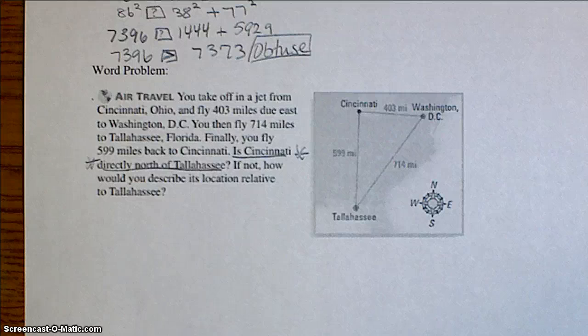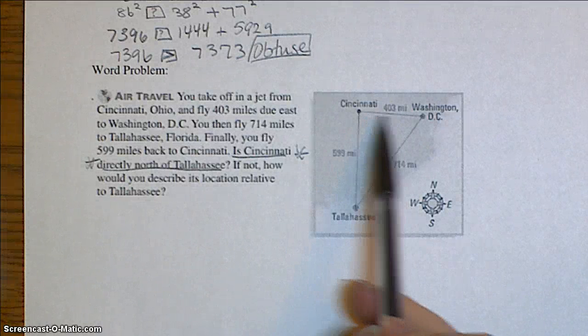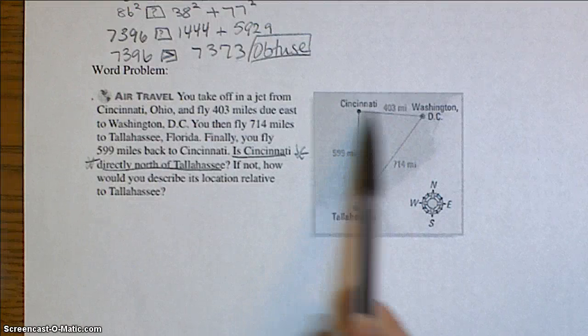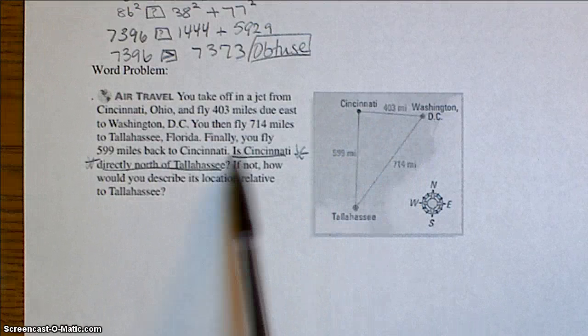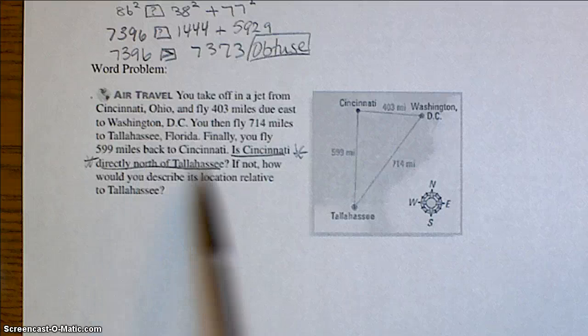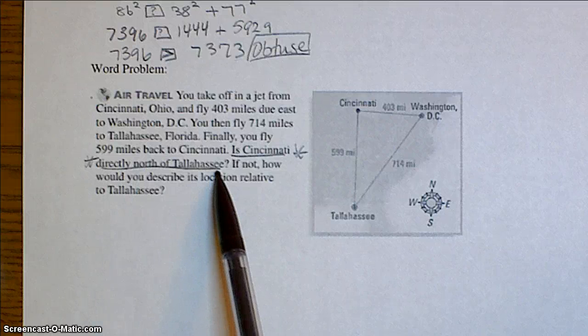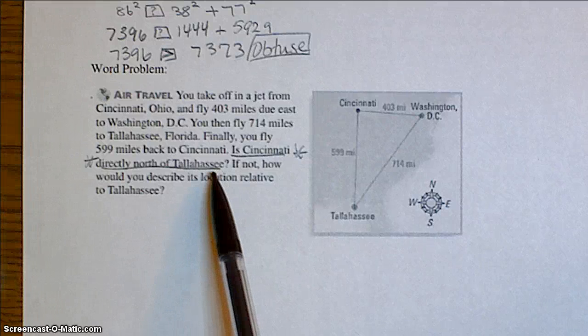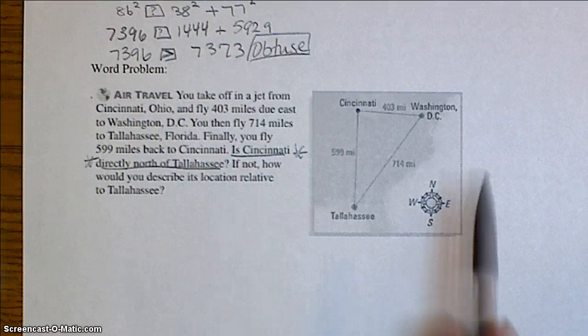Okay, if you go down to this word problem here, it's a little bit confusing because it's not really clear what it's asking you to do. Okay, so first of all, it tells you the distances in miles between these three cities. Then it asks, is Cincinnati directly north of Tallahassee? What do you think they're really asking you there? Something is directly north of another city.